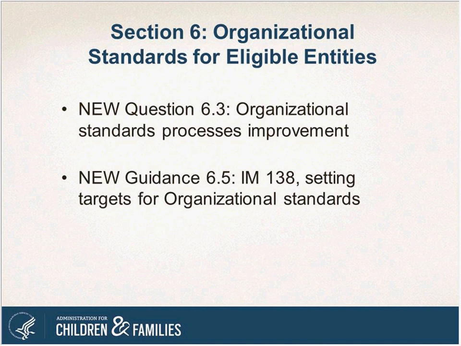In 6.5, we ask states to consider IM 138. IM 138 describes the responsibilities of the states as it relates to reviewing, assessing organizational standards. And we encourage states to review the previous performance and collaborate with eligible entities and state associations in identifying the targets for meeting their org standards.